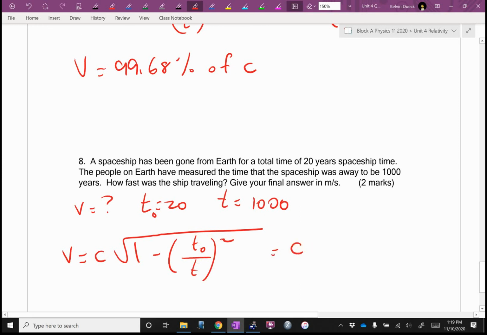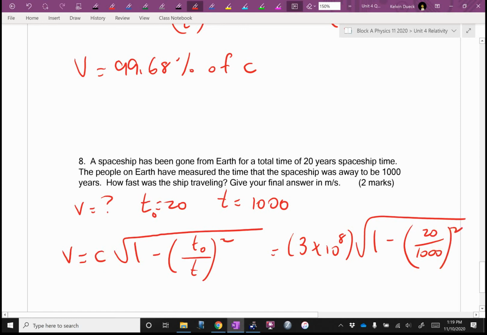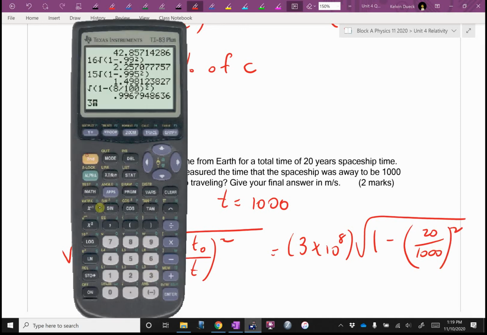Now I'm doing this in meters per second, so 3 times 10 to the 8th times the square root of 1 minus 20 over 1,000 squared. If I wanted to do this in one step, I would go 3 times 10 to the 8th times square root bracket, 1 minus inside the brackets 20 over 1,000, close off inside, squared, close off the square root.